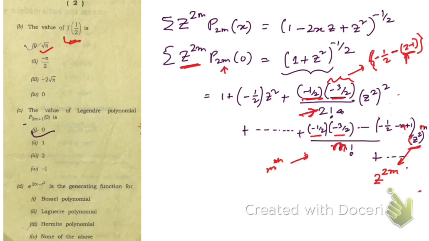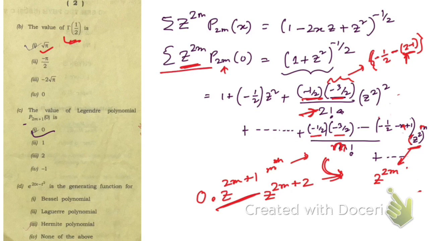When you go to the next term, you're going to have twice m plus 2. So there is no z to the power twice m plus 1 term. In this expansion, this term will not appear. That means you can consider the coefficient of this is 0.